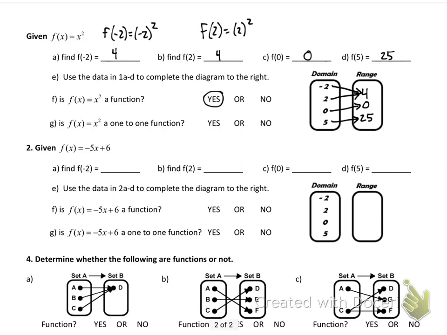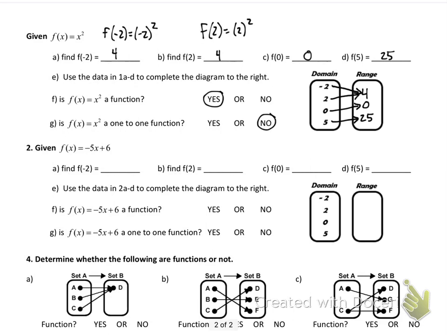So is this one-to-one? No. There's a few ways you can think through this. First of all, you can just look and see that -2 and 2 both point to 4. So this output in our range, 4, has 2 different inputs. So that automatically means it can't be one-to-one.